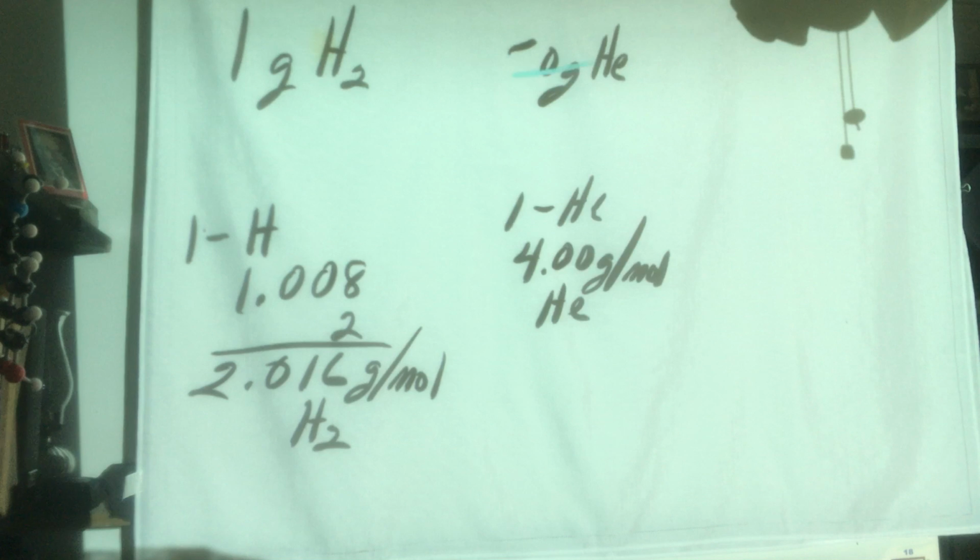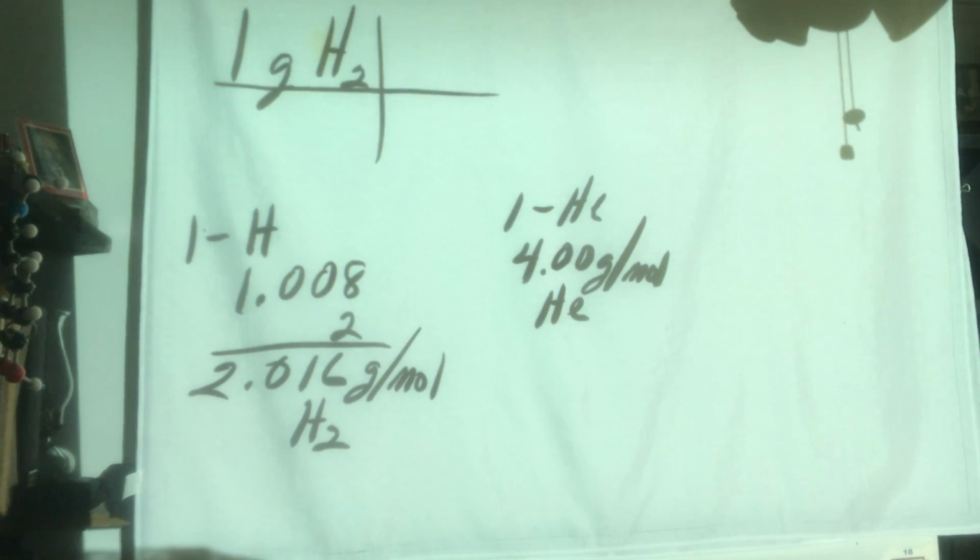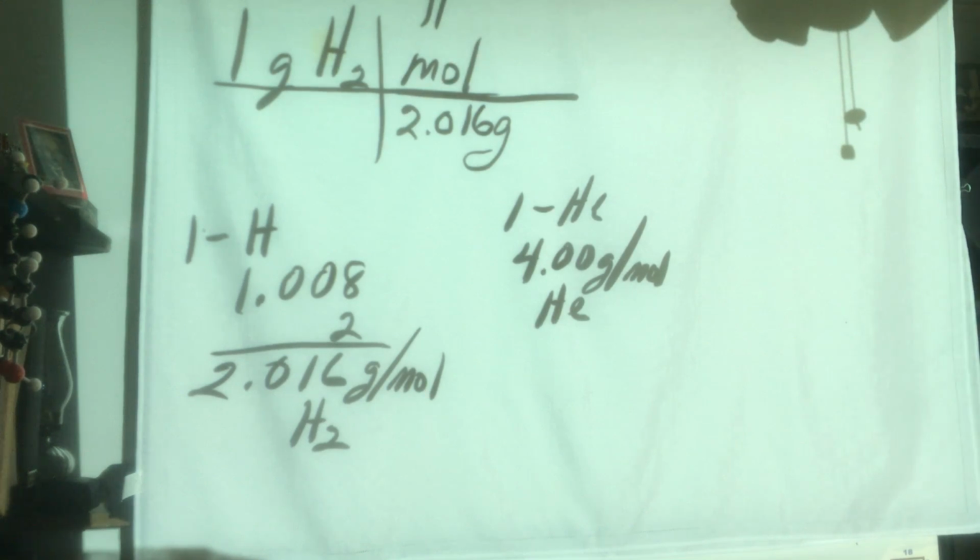I'm going to move this over a little bit. Right here we're going to take the 2.016 grams per mole of H2. We'll cancel the grams per mole, and you'll divide the 1 by 2.016, and you get 0.496.